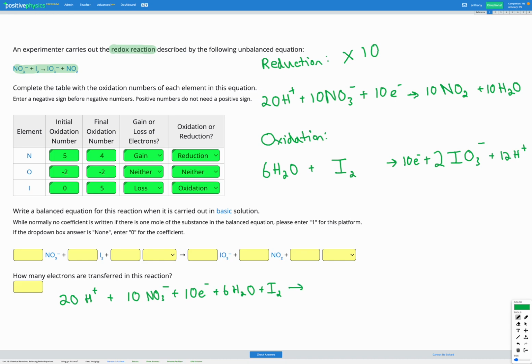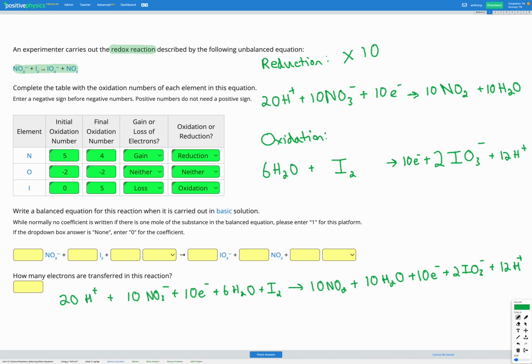Then on the right-hand side, for the reduction, we have 10 NO2 plus 10 H2O. And on the right-hand side for the oxidation, we have 10 e minus plus 2 IO3 minus plus 12 H plus.